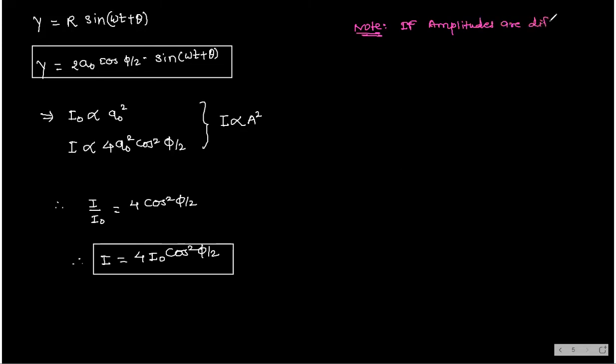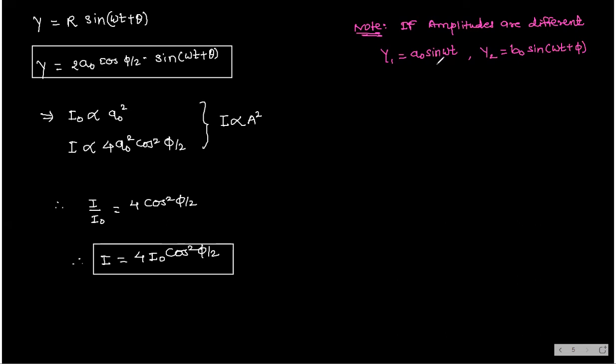If amplitudes are different, then what will we get? Y1 is equal to A naught sine omega t. This is your first displacement equation. And Y2, let us suppose, is B naught into sine omega t plus phi. Like these two equations we are having.